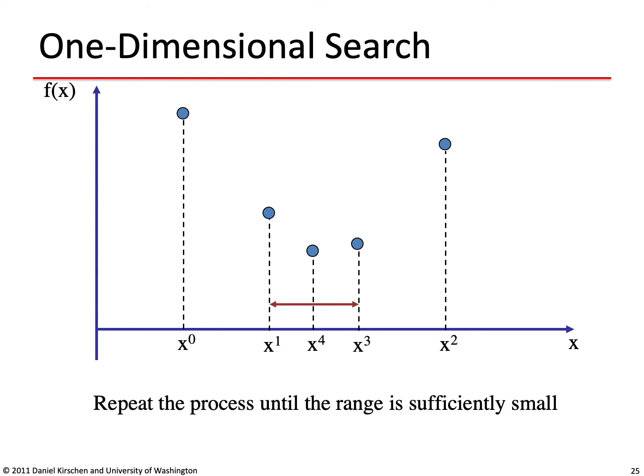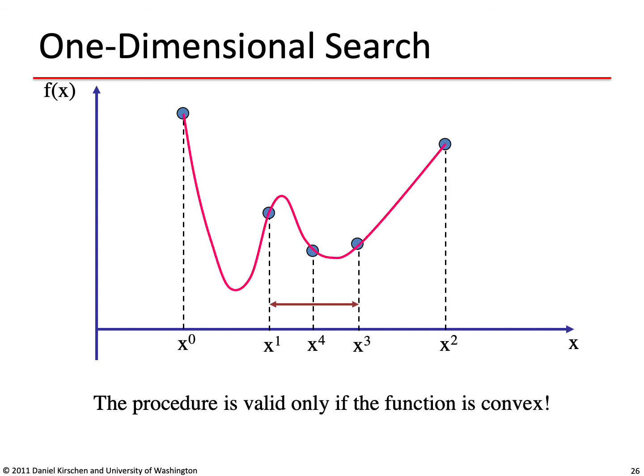And then we can repeat the process until we have sufficiently reduced the range of the search in such a way that we have sufficient accuracy. Note that if we get a function of this type, we could completely miss the optimum because this function is non-convex. This procedure is guaranteed to converge quickly only if the function is convex.